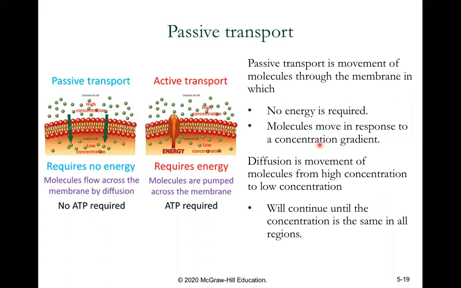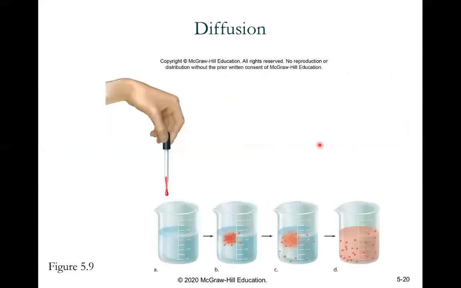Now, passive transport allows for the movement of particles with no energy, and molecules flow across that membrane by diffusion. Active transport requires energy in the form of ATP or NADPH to allow these molecules to be pumped across the membrane. And like I said, ATP is required for active transport.